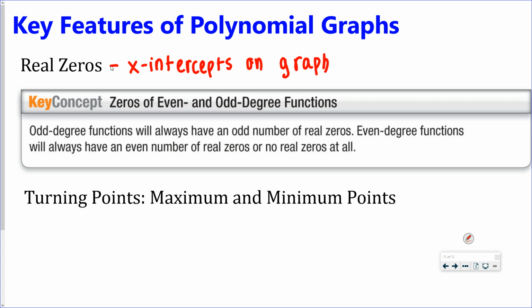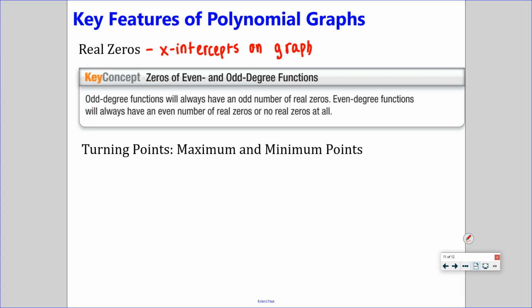Odd degree functions will always have an odd number of real zeros. Even degree functions will always have an even number of real zeros, or sometimes we can have no real zeros at all. Think of a parabola. We could have 2 zeros.